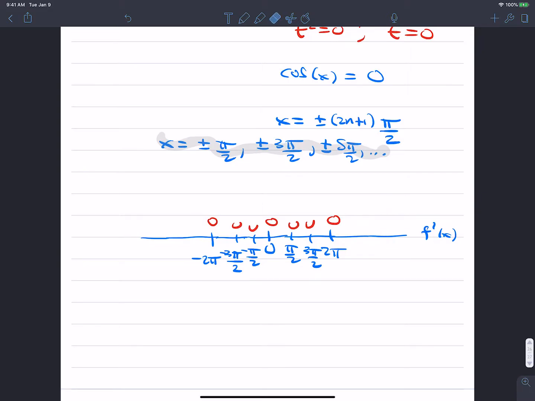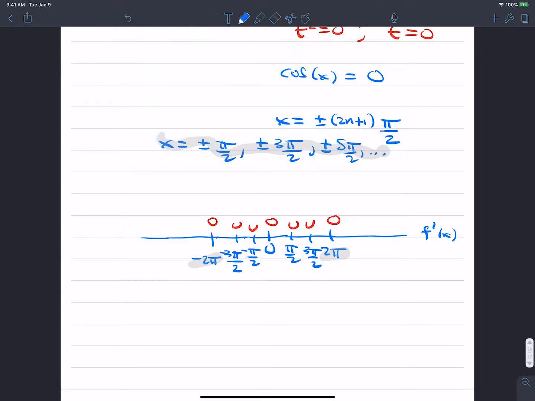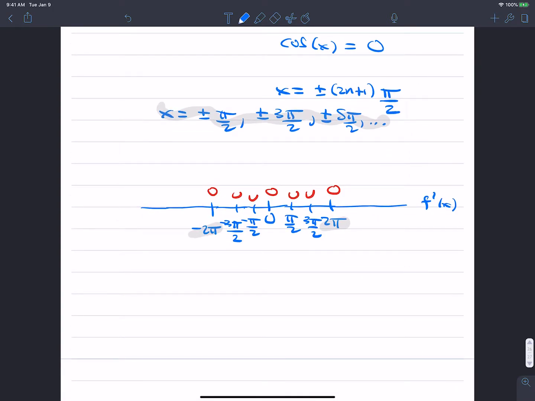I might just look at this portion from positive 2 pi to negative 2 pi. Okay. And I'll look at this in greater detail, and I'll do my sign analysis with this. So this is going to help me in sketching the curve, because if you guys remember, at these values here, we're going to have vertical asymptotes, right? You guys okay with that?